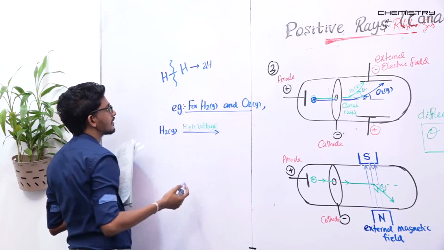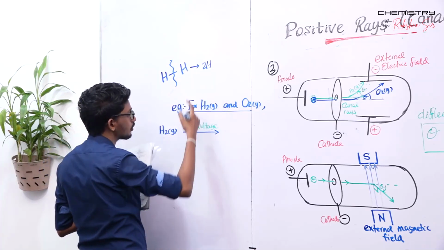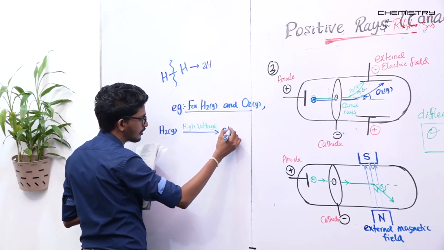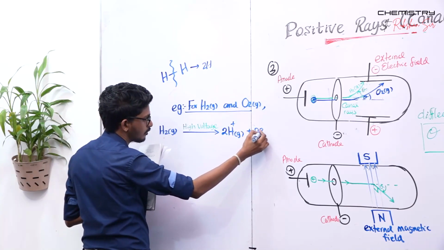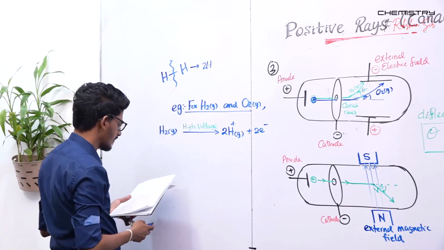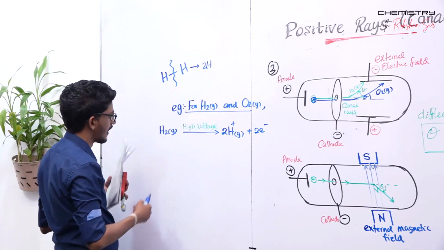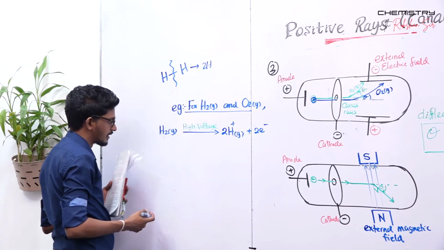Then those atomic hydrogens will get ionized. So two atomic hydrogens get ionized to produce two H pluses and two electrons. That is how the positive rays are generated from the H2 gas, right?